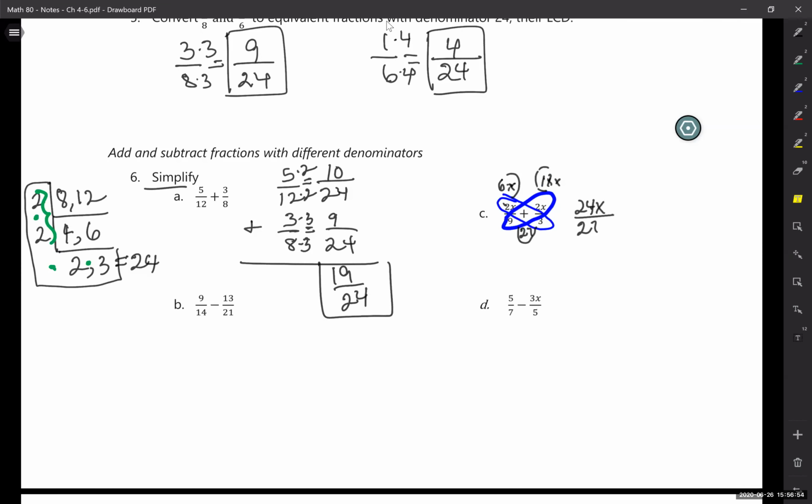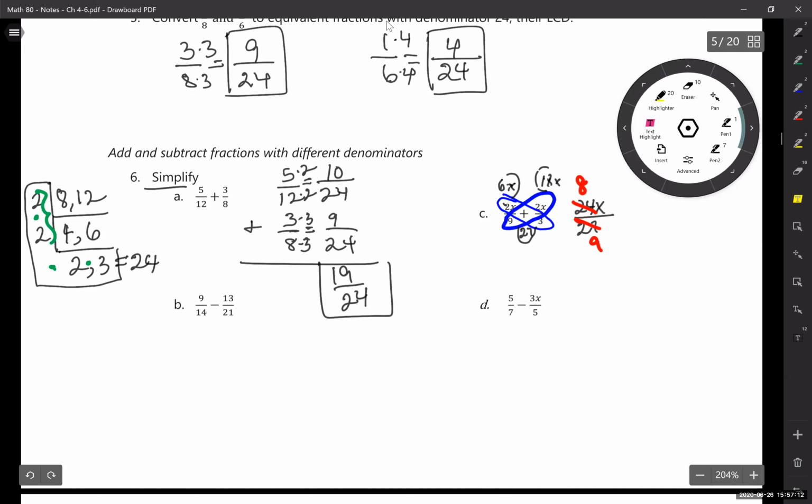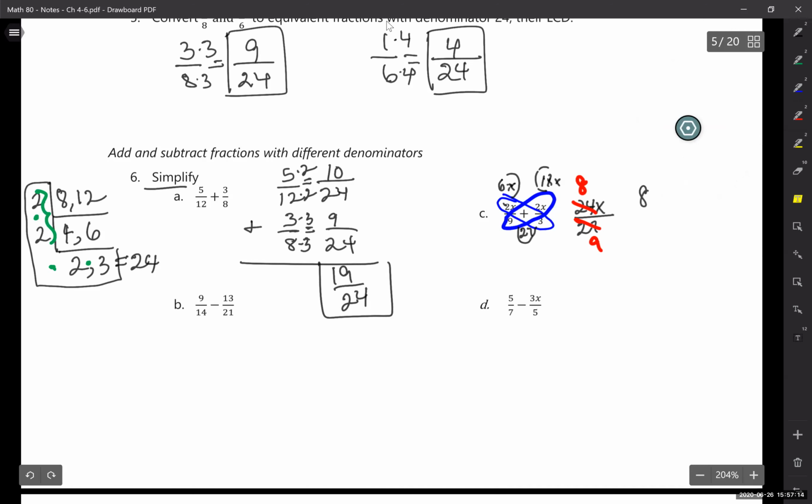But now I have 24x over 27. This is multiplication on top. So I can reduce. We see that 3 goes into 24 8 times, and 3 goes into 27 9 times, and so the final answer is 8x over 9.